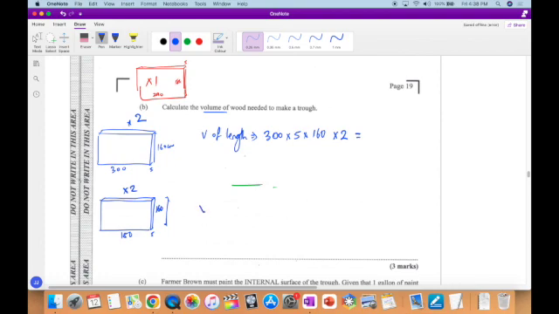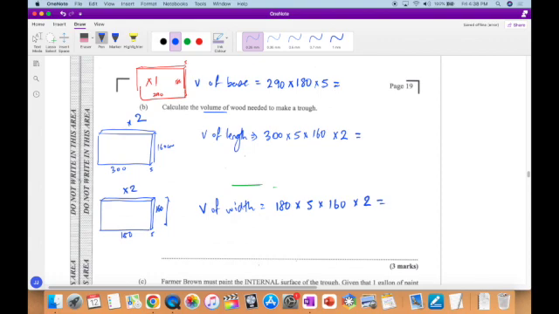And then we will have the volume of the width here, and that is where we had used the 180 times 5 times 160, and that's also two pieces. And then we have the volume of the base here, and that's where we use the internal dimensions, 290 times 180, yeah, and times that thickness of 5.